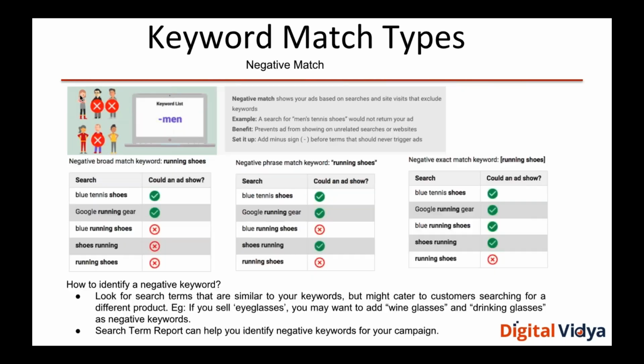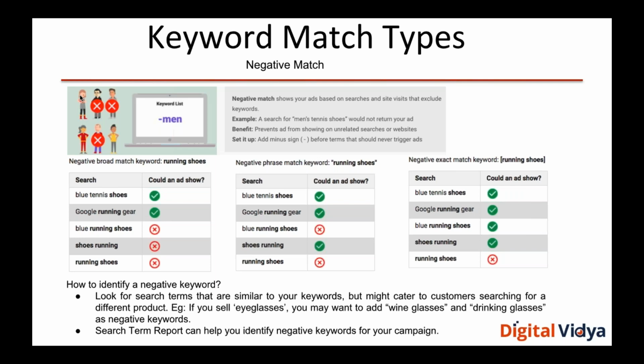So the last match type is the negative match type. So far we've been looking at how you can write a keyword in a particular match type so that it triggers your ad. In negative match type, you are making sure certain terms do not trigger your ad.